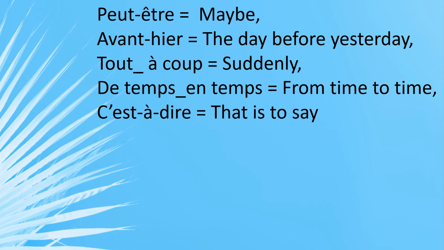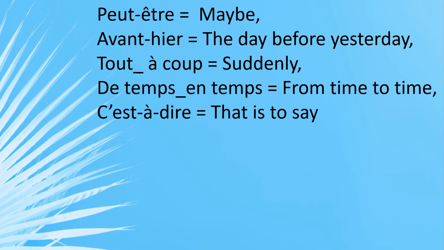Suddenly, we're going to say tout à coup. From time to time, de temps en temps, which I hear very often pronounced wrongly. And that is to say, c'est-à-dire. So you can hear all the liaisons already in those phrases.